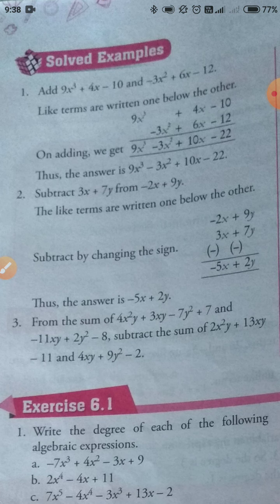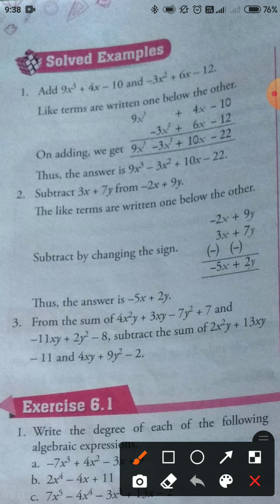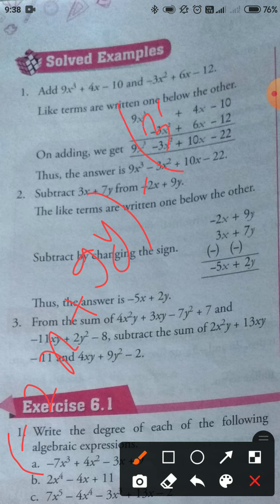You can write it in another way also. Like we have to subtract, so I will write minus 2x plus 9y. This I have to subtract: 3x plus 7y from this, right? So if you open the brackets, you will get minus 2x plus 9y, minus times plus is minus, so it will be minus 3x, right?